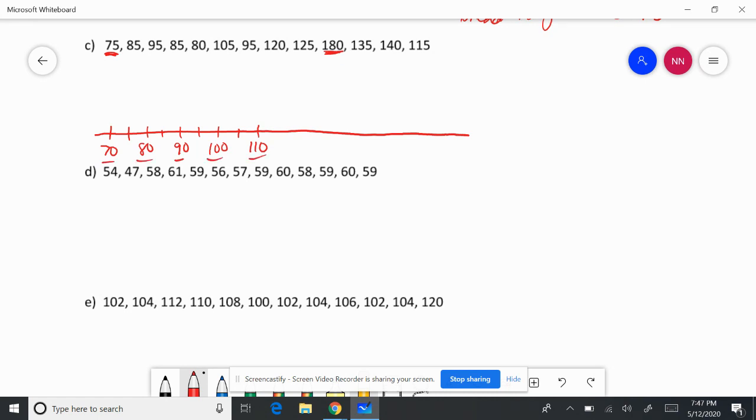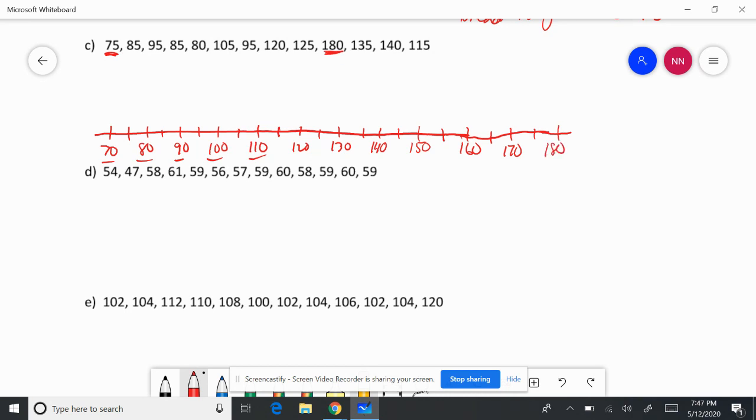It just saves me time. 115, 120, 125, 130, 135, 140, 145, 150, 155, 160, 165, 170, 175, and 180.